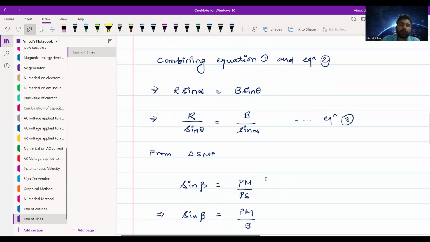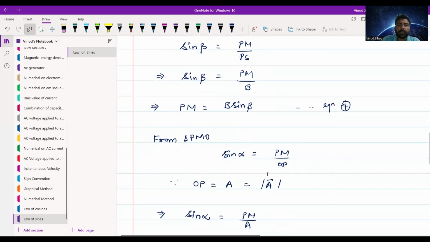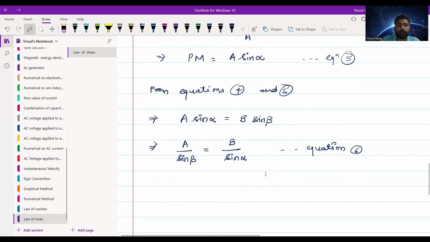Now from equation 3 and equation 6, the term B upon sine alpha is common to both.